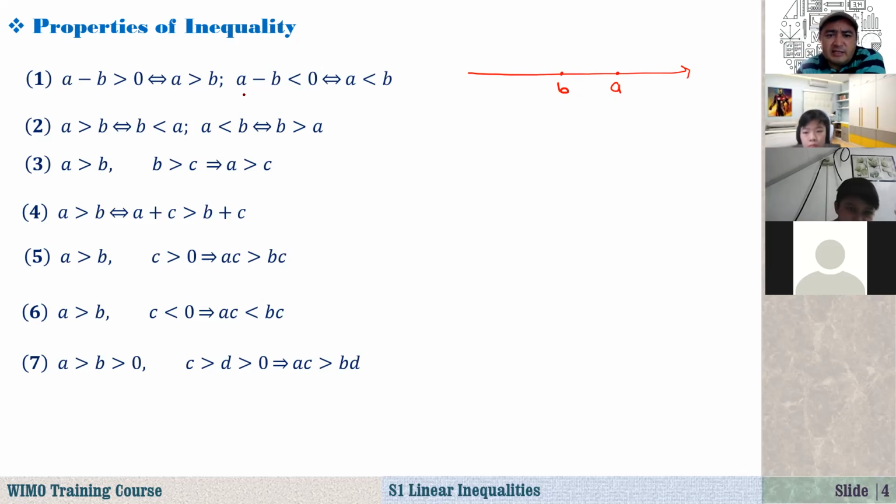The second one says that if a minus b is less than 0, that means that a is less than b. Why? Because here a is positioned to the left of b. How about the second property? If a is greater than b, that means that b is less than a.